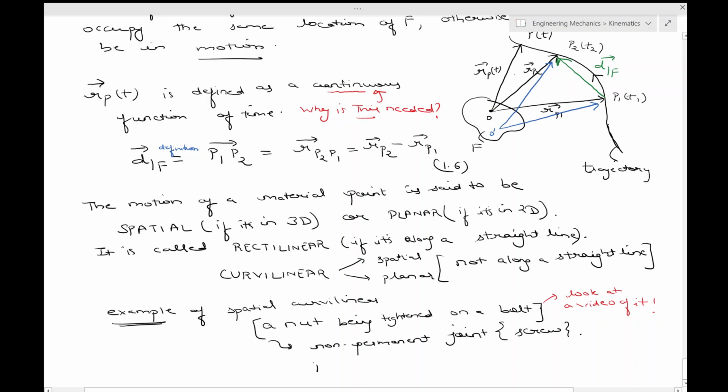On the other hand, there may be some permanent joints, say an adhesive like Fevikwik which we use, or a rivet, or a weld. So there are two kinds of joints, permanent and non-permanent, and you should observe at least the motion of a nut being tightened on a bolt.